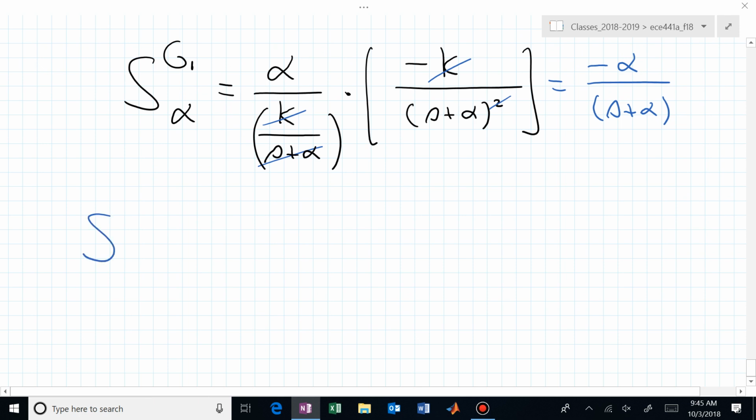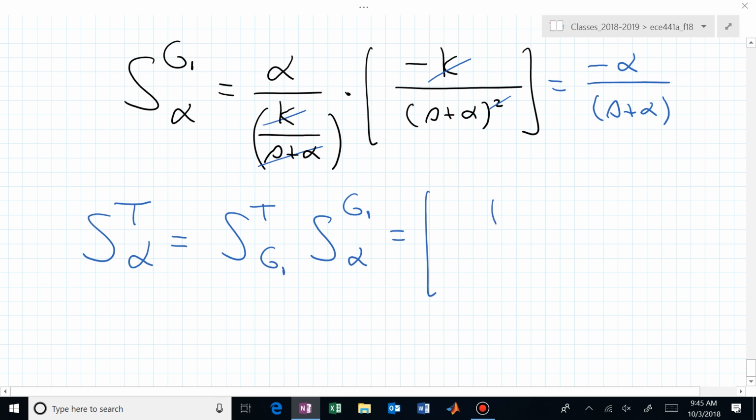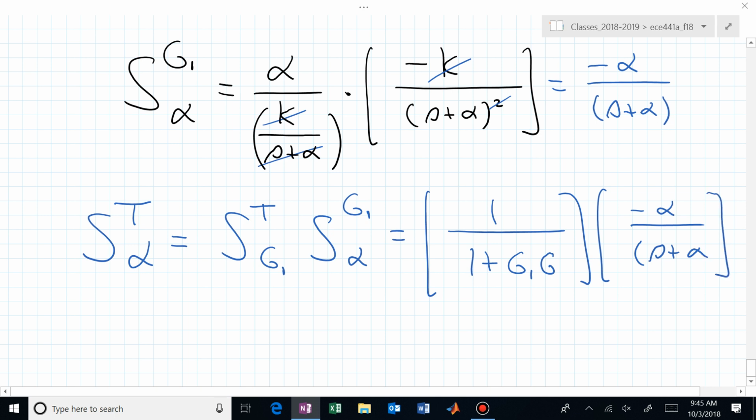We have the sensitivity of T with respect to alpha as a chain rule. That was the sensitivity of T with respect to G1 times the sensitivity of G1 with respect to alpha. Sensitivity of T with respect to G1, that was 1 over 1 plus G1G. Sensitivity of G1 with respect to alpha is minus alpha over S plus alpha.